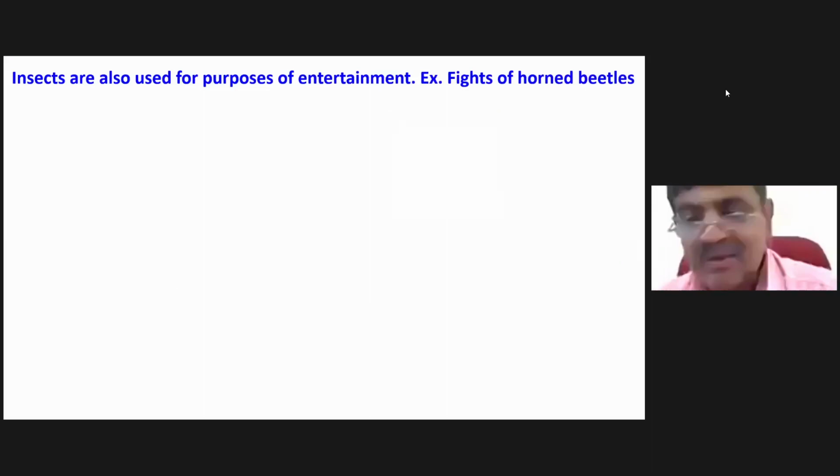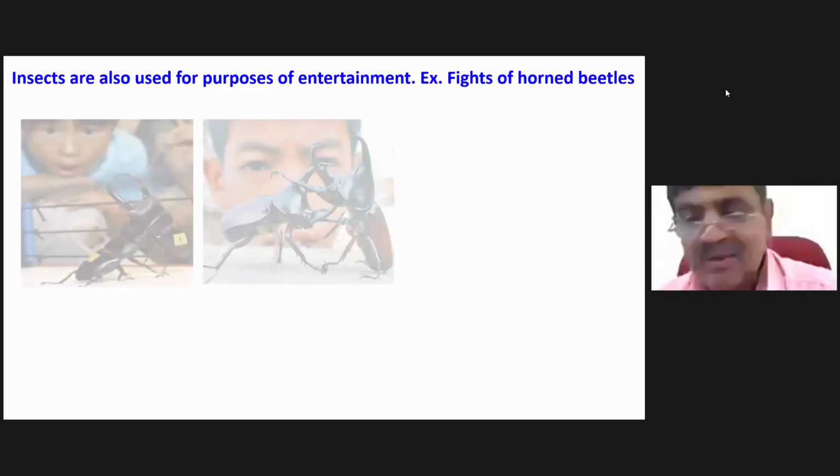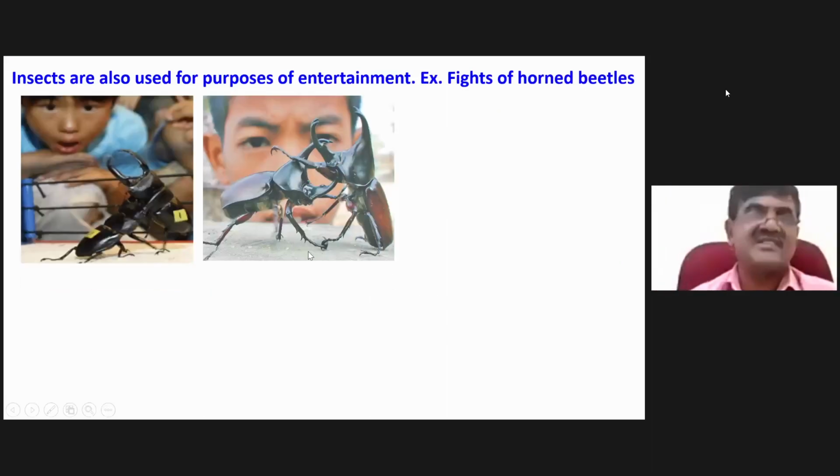And in olden days, insects were used for the purpose of entertainment. Today we have entertainment games like cricket, and if you go to village sites, they have cockfights. They used to leave two cocks together. Similarly, they used to have insect fights.